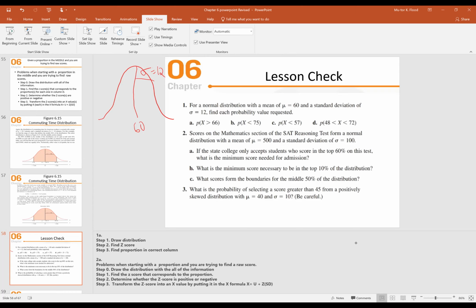So 66 is above the mean, somewhere right here. The question is asking what is the probability of getting an X score that is greater than 66. So we're looking for all the proportion of scores that are greater than 66. So this is going to be a tail.